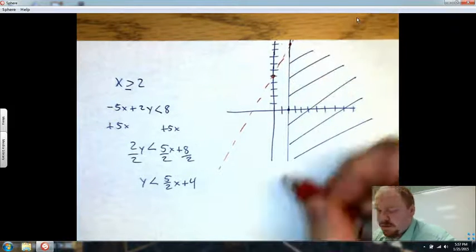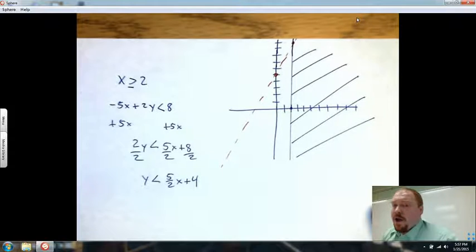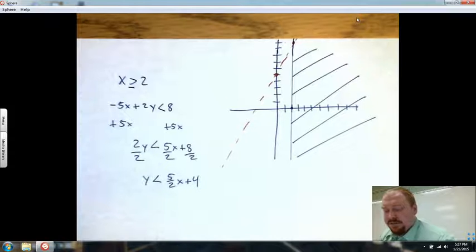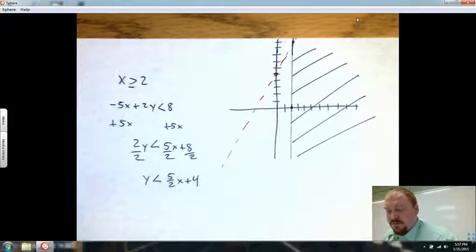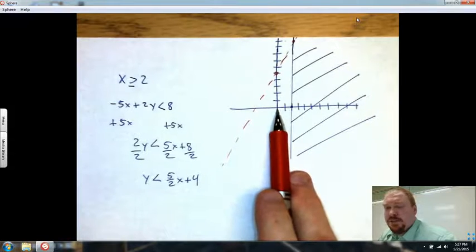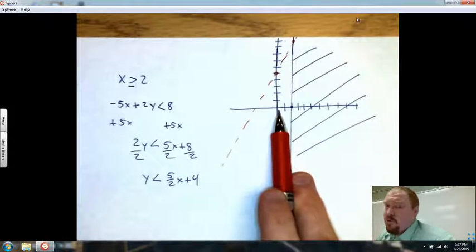Now we can see those. Now, for how I choose to shade this, it says y is less than 5/2 x plus 4. Well, I should test a point. If I put 0, 0 in, if that point is true, I would shade this side of the line. If that point is false, I would shade the opposite side.